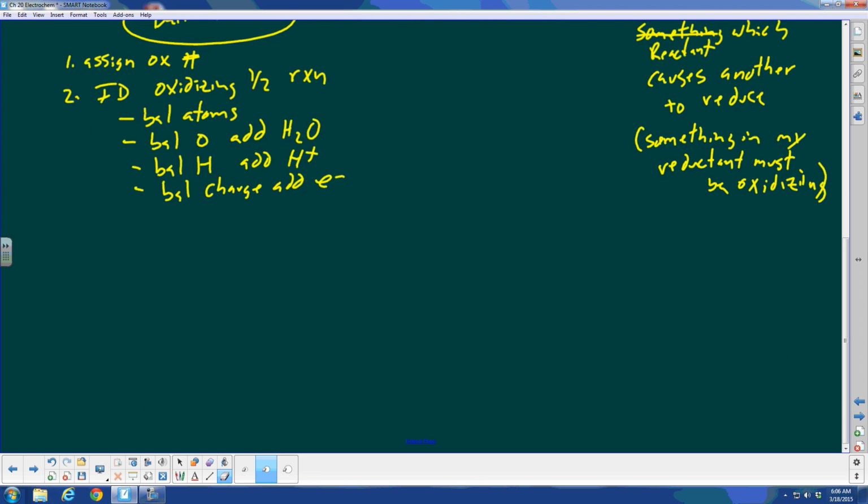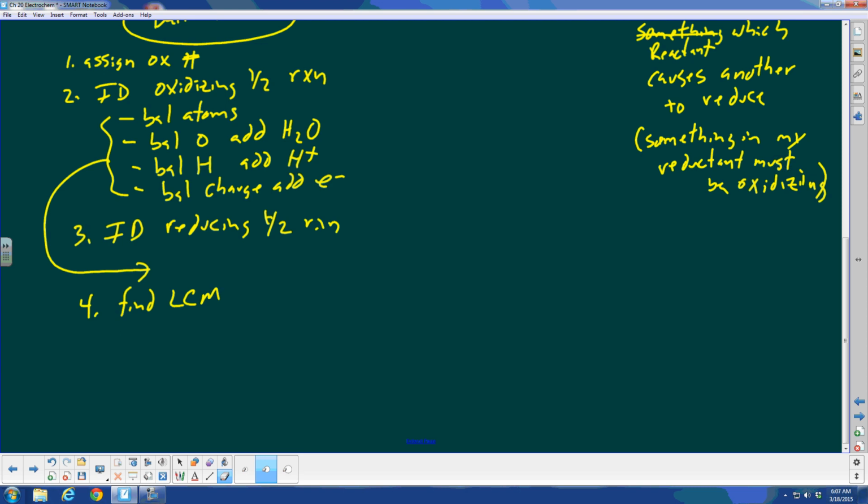Then we're going to do this whole thing for the reducing species, your reducing half reaction, and we're going to do all of this again, like magic. There we go. And then what are we going to do? We need to make my electrons even in both. So we're going to find a lowest common multiple of electrons in both half reactions and multiply each to get to the least common multiple.